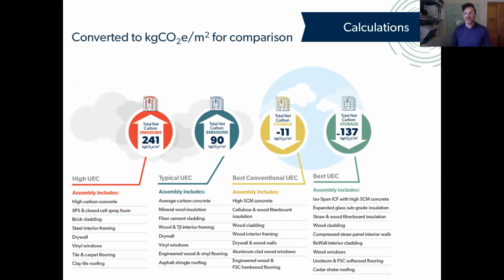But now, if I want to compare that to another building that I'm doing, if I convert that one to kilograms per square meter, I get to a number where I can see if this building compares to that building, whereas just having total emissions, obviously a 10-story building is always going to have more emissions than a 1-story building, but it may per square meter actually be a better building, have a lower carbon footprint.